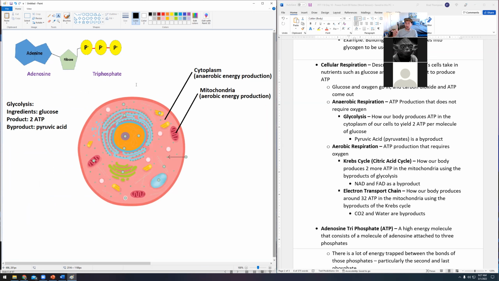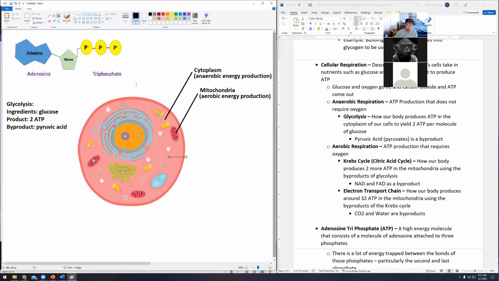Before, we had 1 molecule of glucose and got 2 molecules of ATP, right? Well, after that, we also had the pyruvates. Those pyruvates ferment into lactic acid and it goes into the mitochondria. So from that initial 1 glucose molecule, we got 2 ATP, some lactic acid, and now that lactic acid is being used to produce even more ATP.